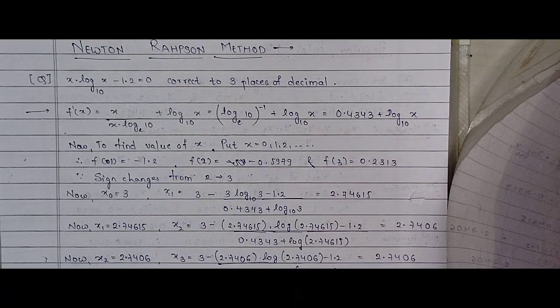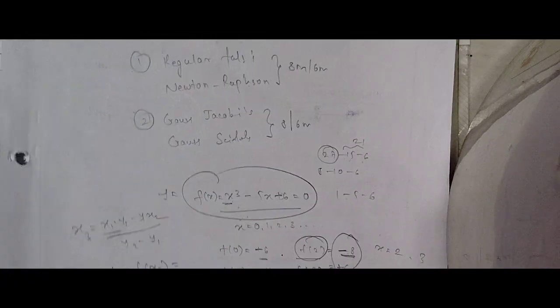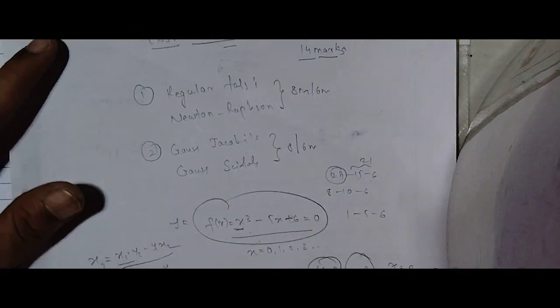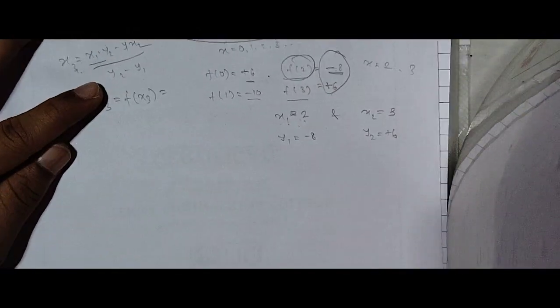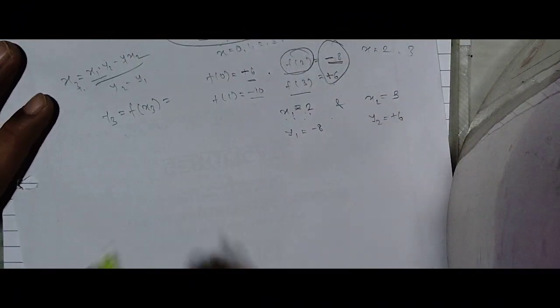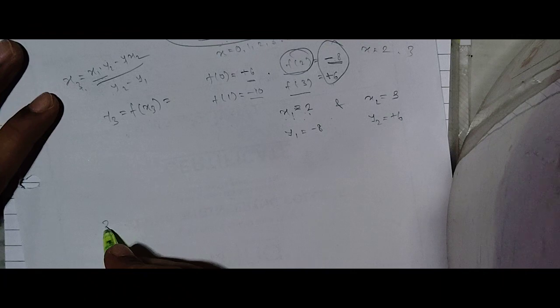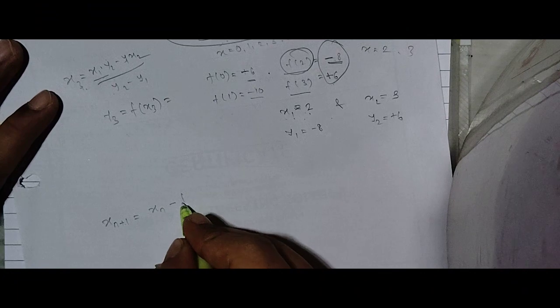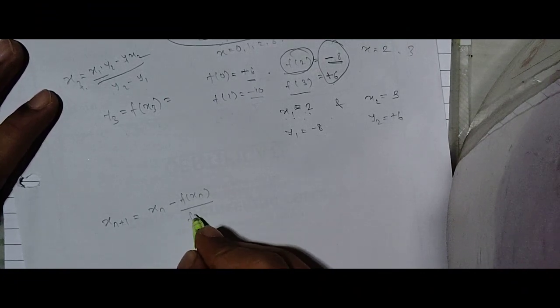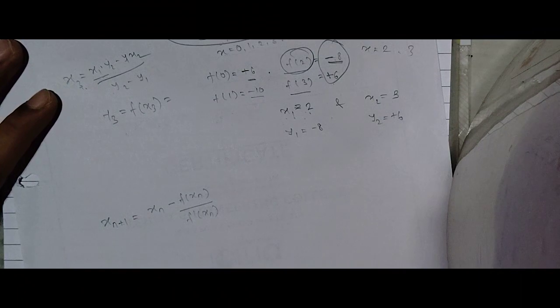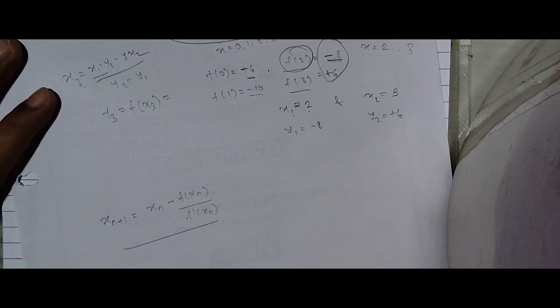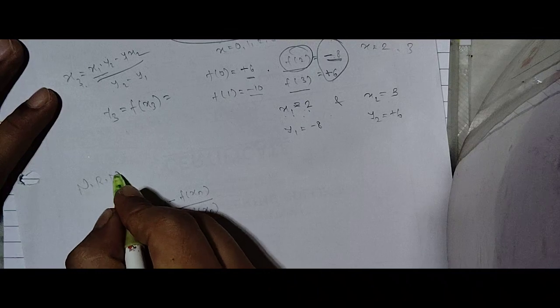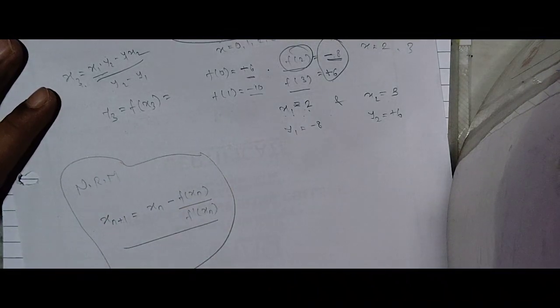So now let us discuss the Newton-Raphson method. Before this, we are going to see the formula you will use in the Newton-Raphson method. Here also you have to use a formula: x n plus 1 equals x n minus f of x n upon f dash x n. Please remember this formula guys, it is a very important formula.